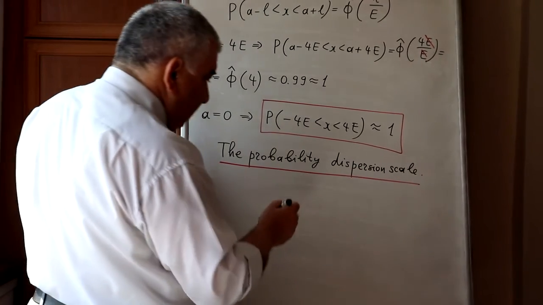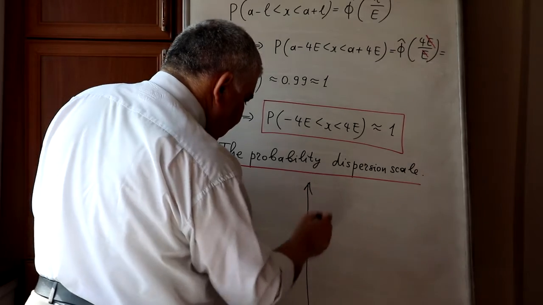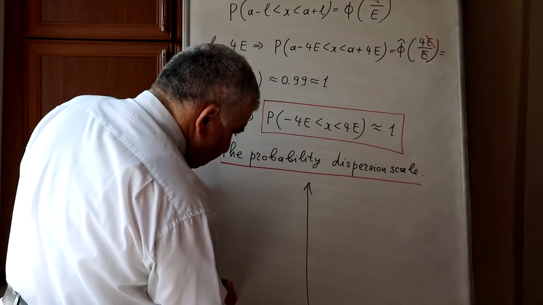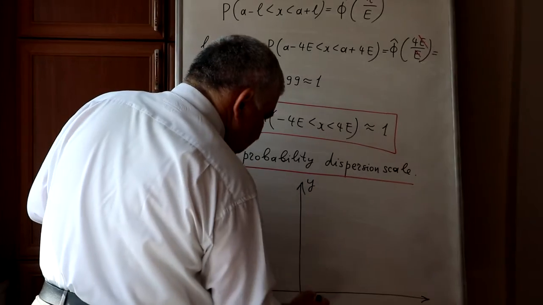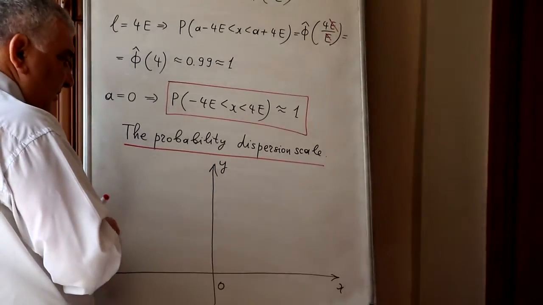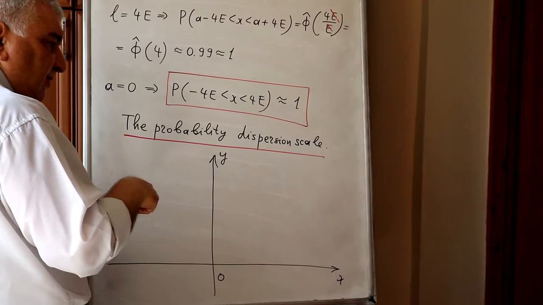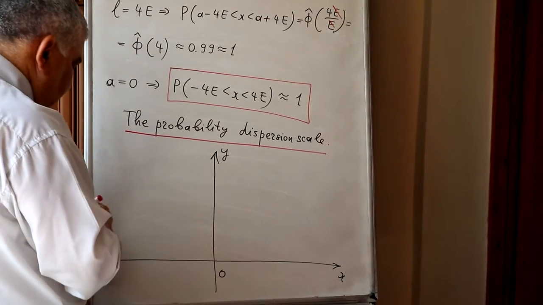Now construct the scale. And then construct the normal distributive density whose symmetry center is situated at the origin.